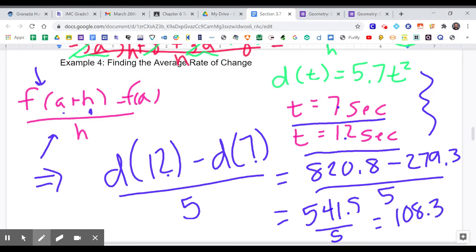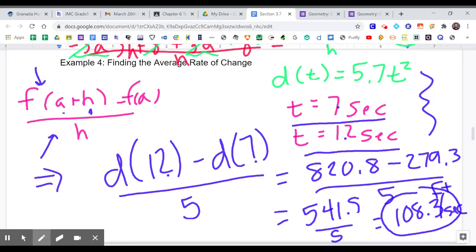And so then your question is, okay, well, what does that mean? What it means is remember, we're looking at distance by time, okay? And so that's our average rate. Distance over time. And so that means for every second, this is going to be going 108.3 feet, so this is feet per second.